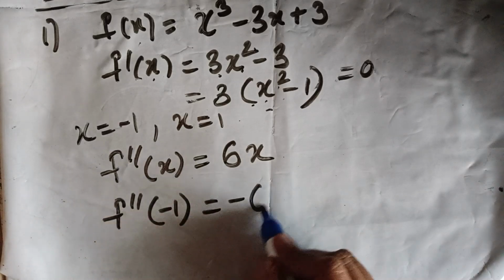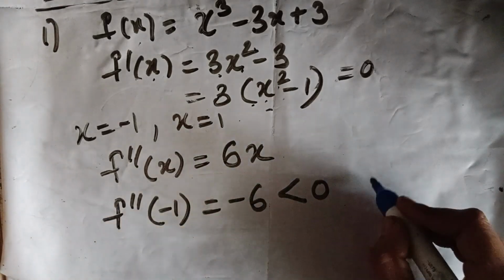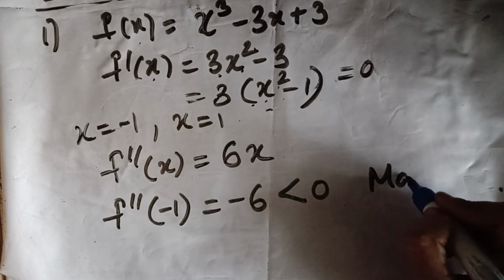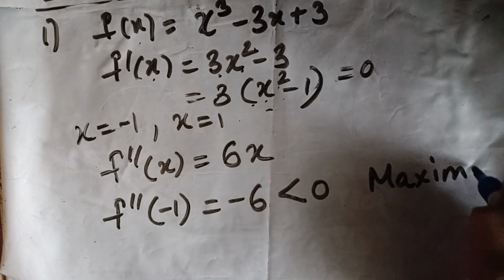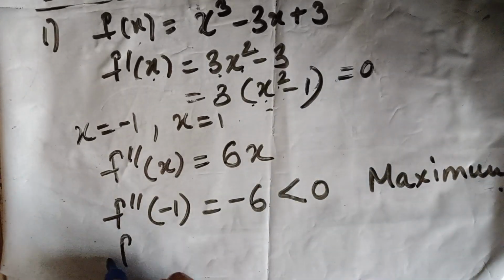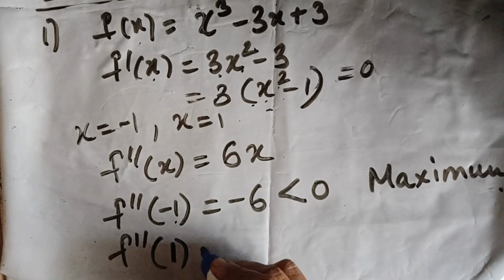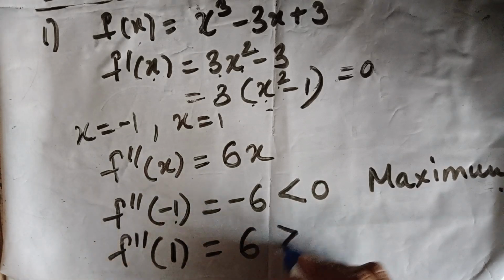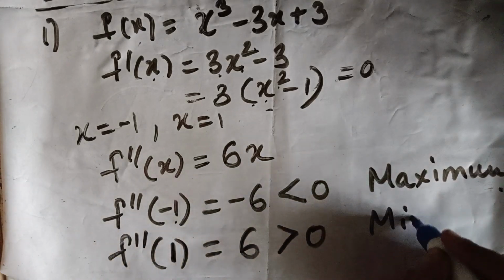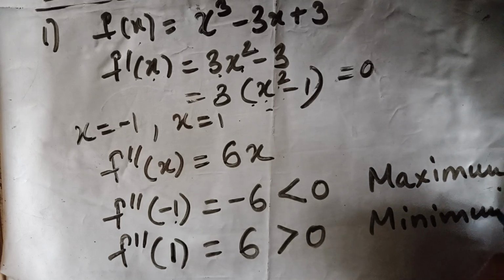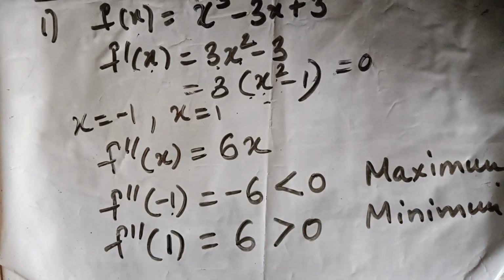At -1 this is coming less than 0, so this is maxima. That is, -1 is the point of maxima. For 1 you'll get greater than 0. It's a point of minima.